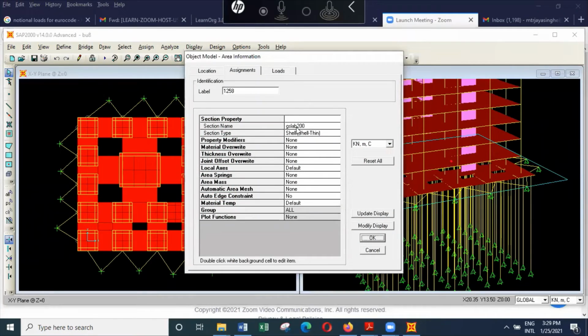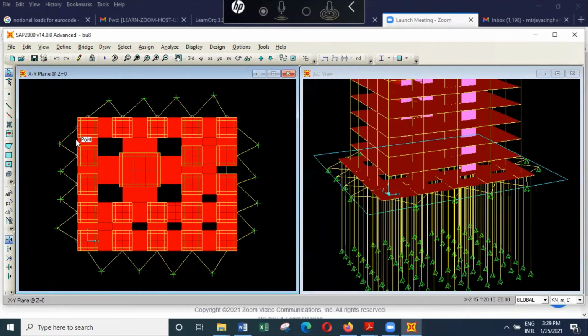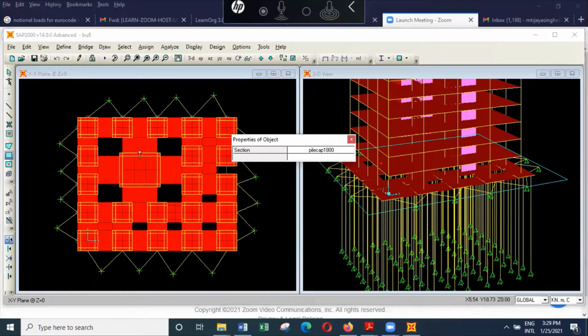And here you can see I have defined a ground slab of 200 millimeter thickness. And I have just connected these elements. These voids are not really there. I have to fill them up as well. I didn't do that because the whole idea of representing the ground slab is just to make sure that they are all connected.